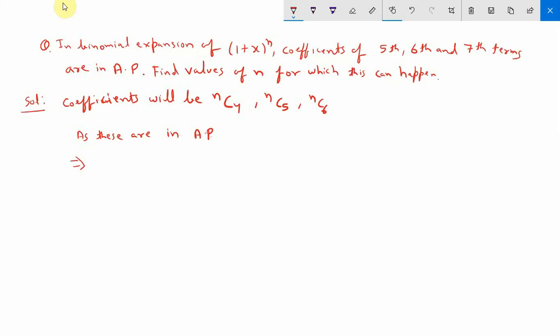In AP the common difference will be the same. So nC5 minus nC4 equals nC6 minus nC5, or taking nC5 to the left side, 2 nC5 equals nC4 plus nC6.